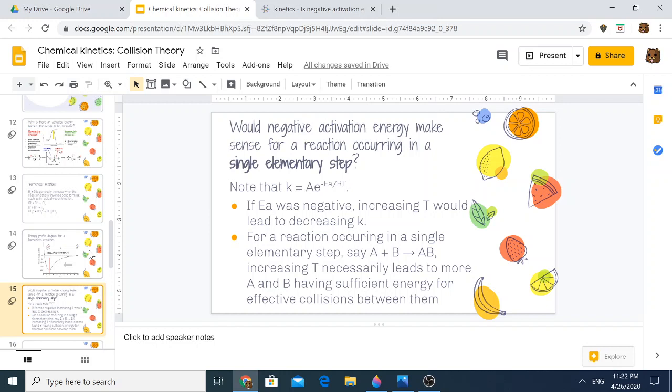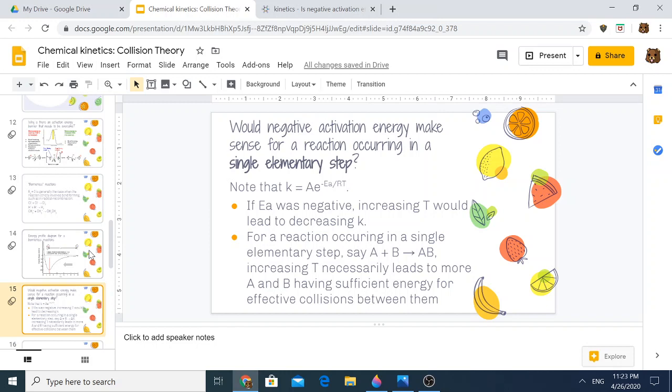Because if you think about it, a reaction either requires an energy input, that means to say the activation energy is more than 0, or it doesn't require an input, that means to say that the reaction has 0 activation energy. So it either requires an input or doesn't require an input of energy.